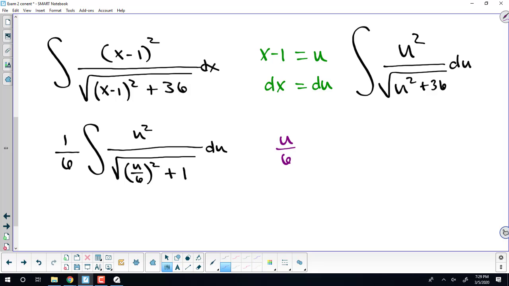We're going to let u over 6 be tangent theta. And again, the u substitution I don't think was entirely necessary, but it does kind of clean things up a bit for us. So u over 6 is tangent theta. That means du, well, we should probably, yeah. So du is 6 secant squared theta d theta.